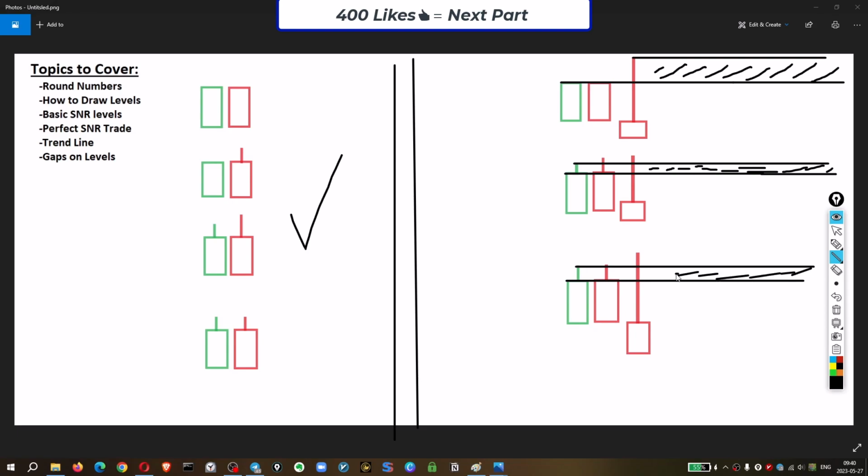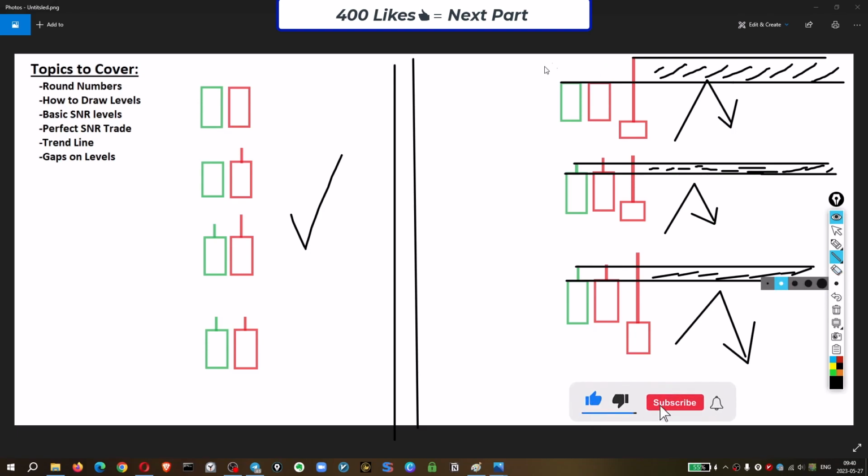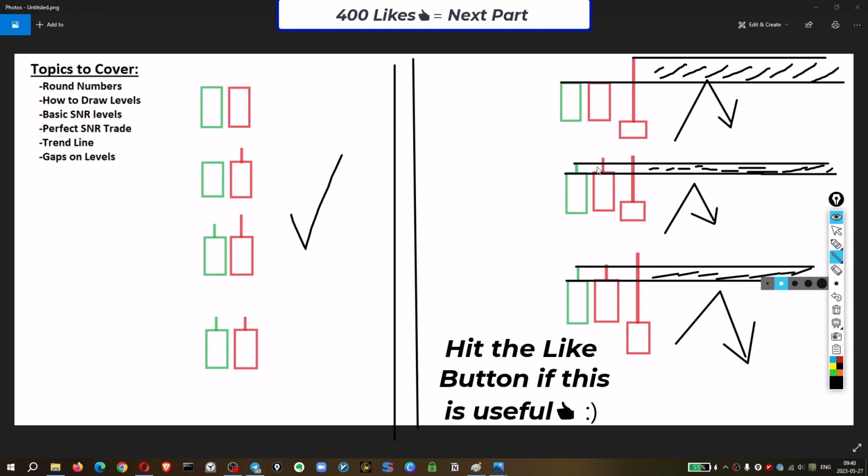This is going to be your next zone, and the price will come here. We will talk about how to take your trades on the SNR level, so don't worry about this. So this is the next thing you should know about drawing the levels from buyers and sellers entry.